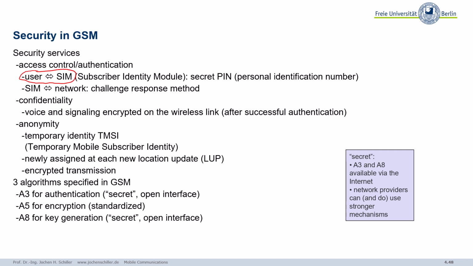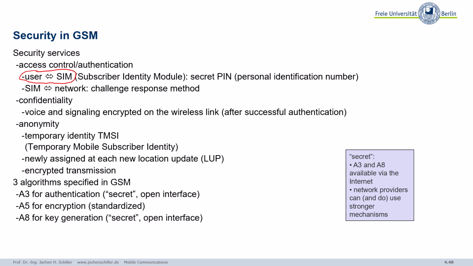If you enter a wrong PIN several times, or 3 times, then you need something that is called a PIN unlocking key, and then you can again unlock the SIM, re-enter a PIN, etc. If you type in a wrong PIN unlocking key several times, you will simply brick the SIM, so you cannot use it anymore. So that's it.